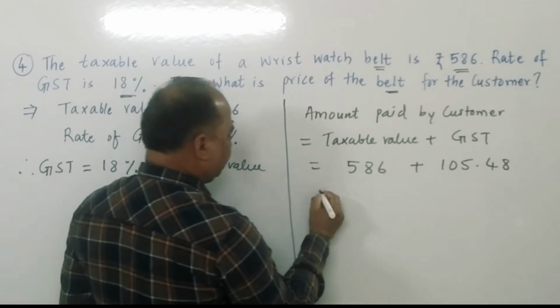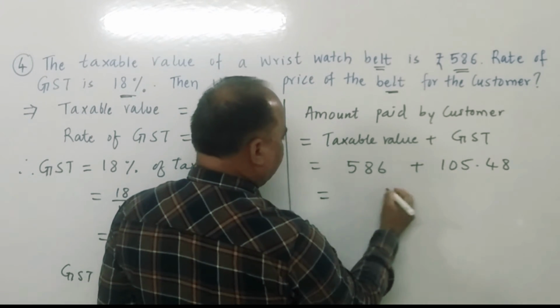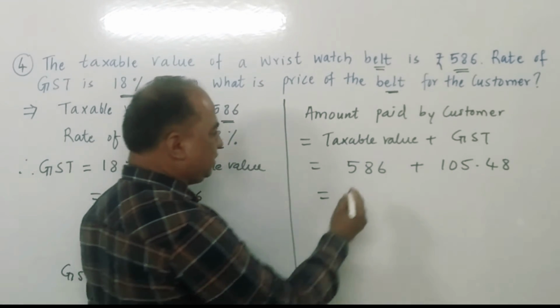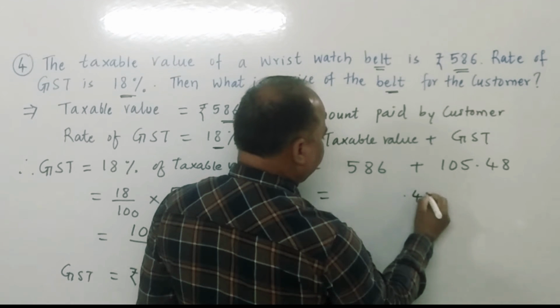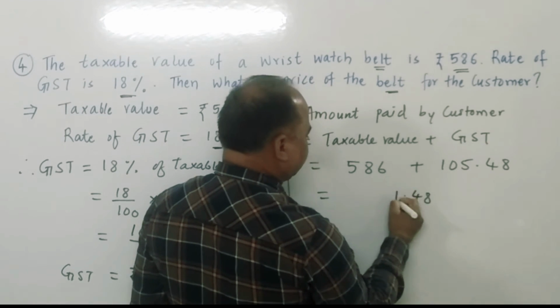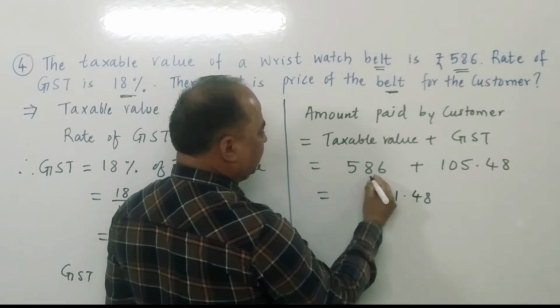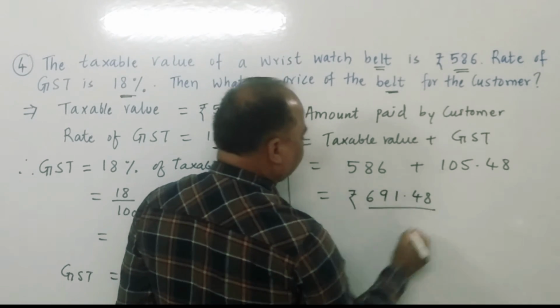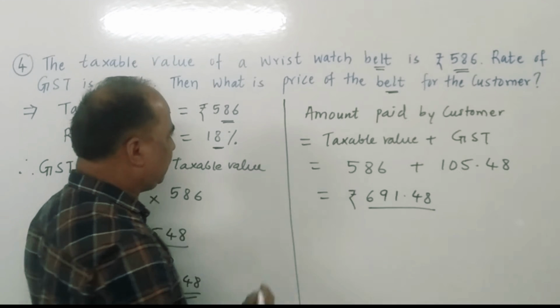So total amount paid by the customer will be, add both, taxable value plus GST, which is equal to 691 rupees 48 paise.